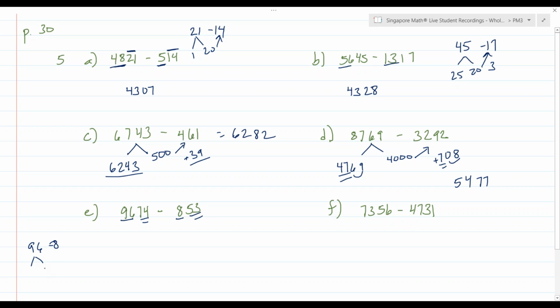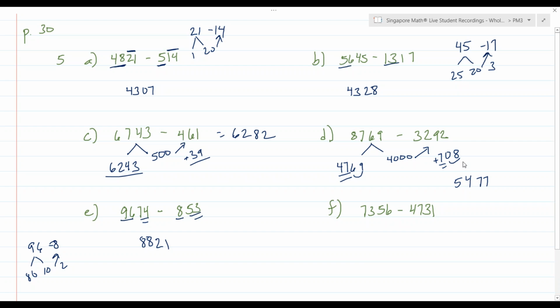If you think of it as 86 and 10, 10 minus 8 is 2. That gives me 8,800. 74 take away 53 is 21. 8,821.